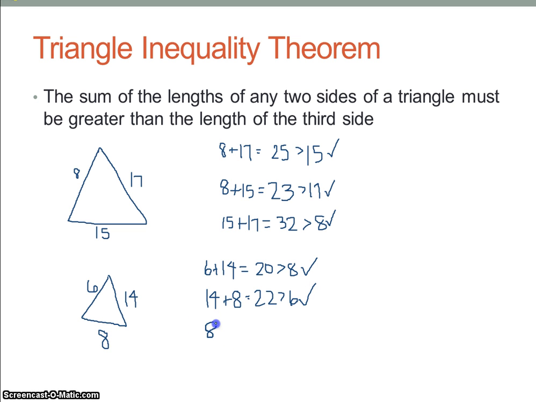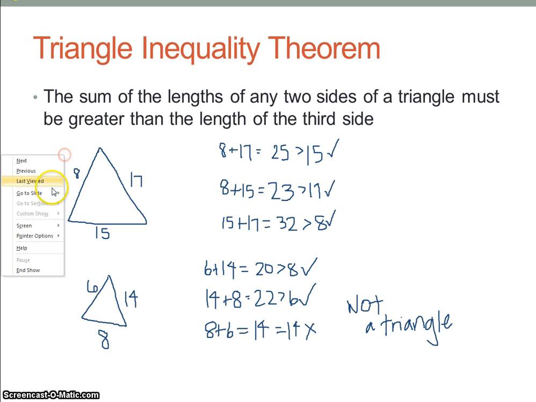And then 8 plus 6 equals 14. Now 14 is not greater than 14, it is equal to 14. So it doesn't fit our theorem, so therefore this is not a triangle. So that one is not a triangle.